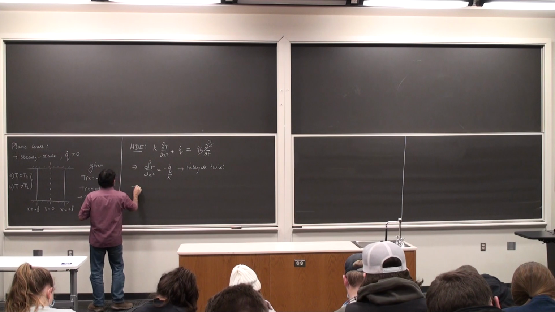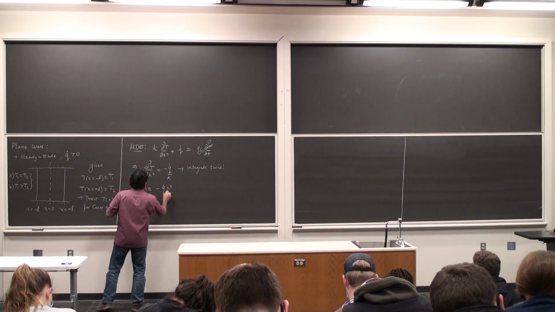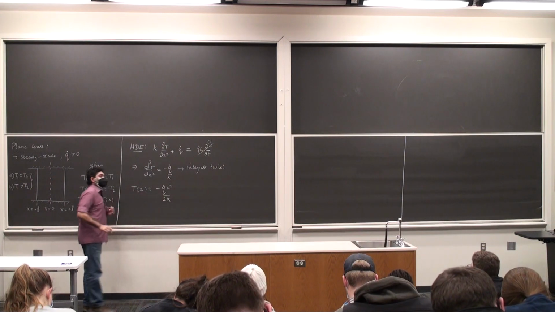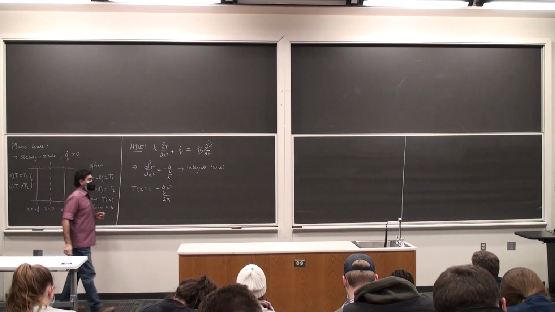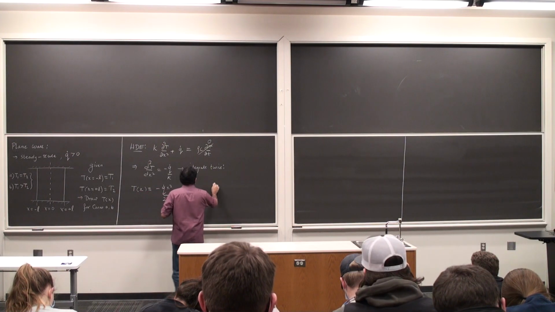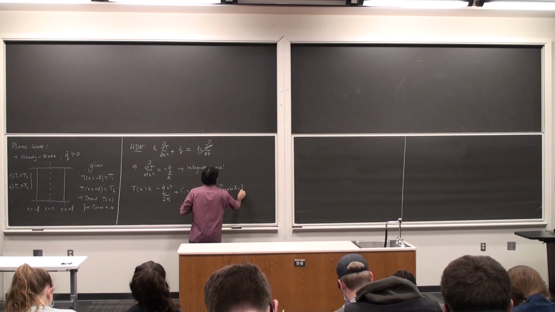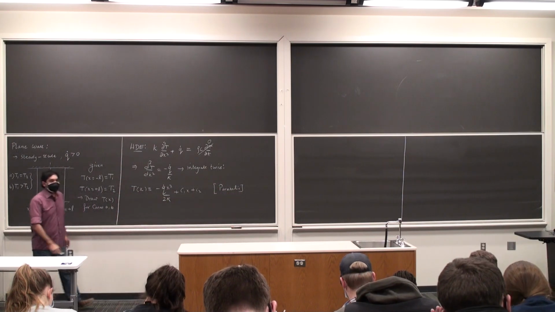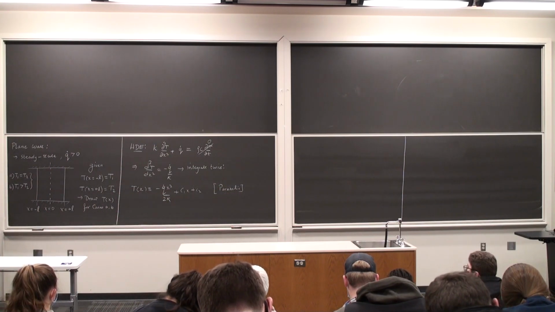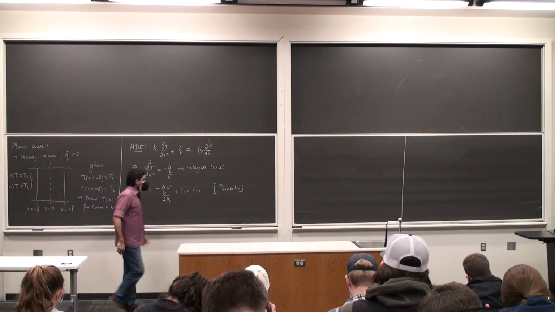T of x is minus q dot x square by 2k plus C1x plus C2. So parabolic. No surprise. But things will start getting interesting pretty soon. Okay.